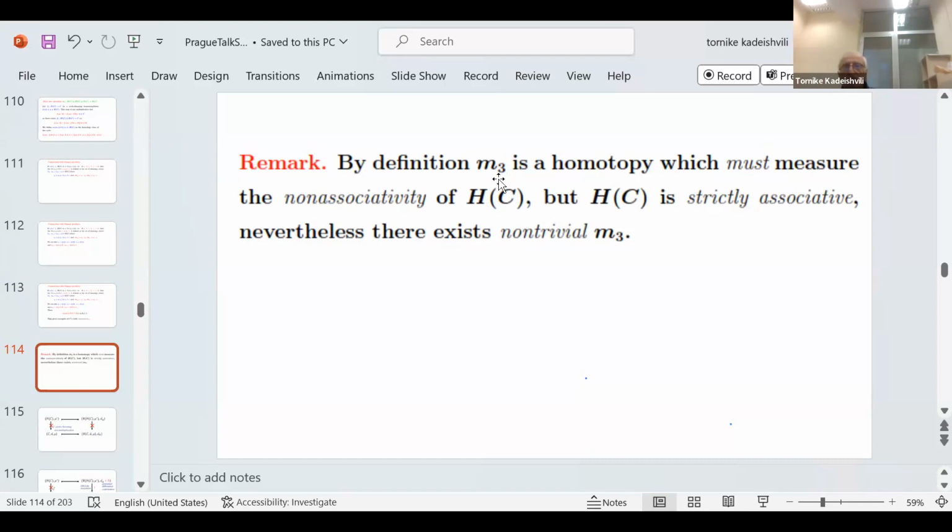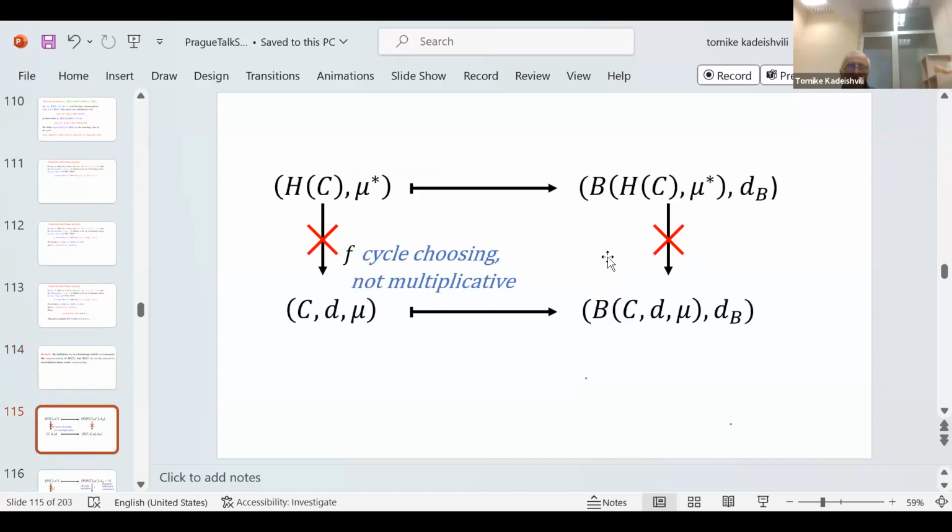There is nothing to measure with operation M3 and so on, because there is no need to measure non-associativity because it is associative. The strange thing is that although there is no need to measure non-associativity because the starting object is strictly associative, nevertheless, there exists this non-trivial measuring operation M3.